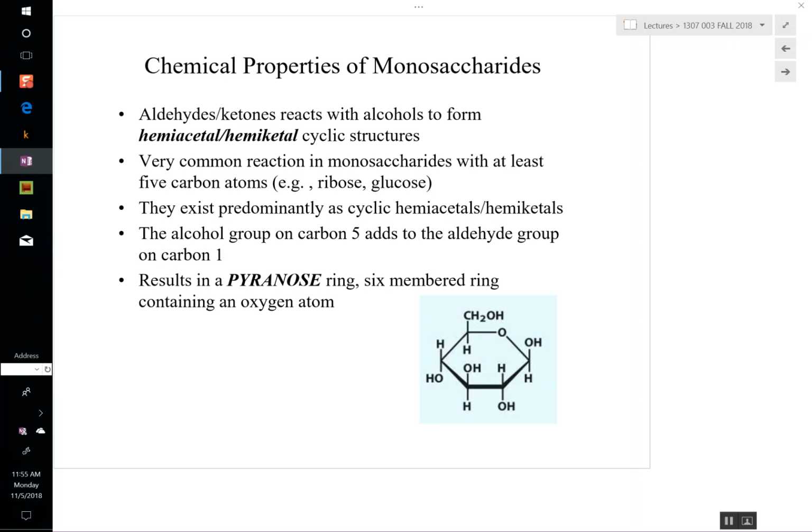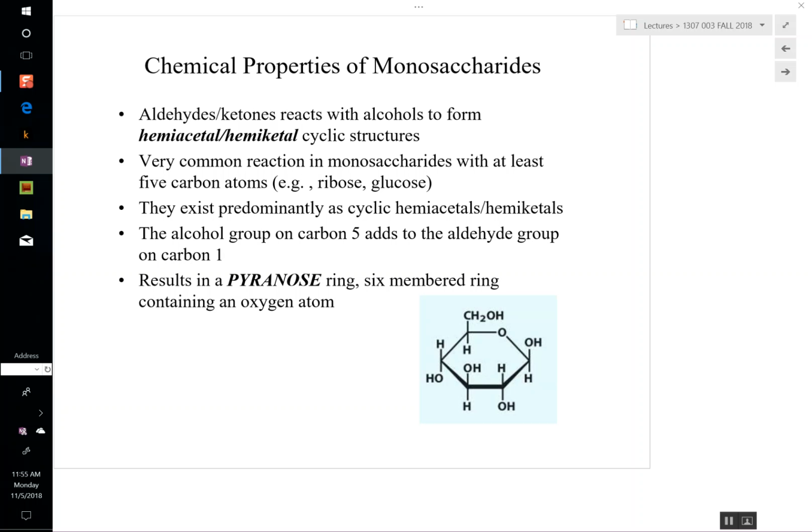Here, this would be D-glucose again, and I'm going to show you how to draw these in just a second. I want you to have a little blank sheet of paper. But there it is, cyclized. This is carbon 1, 2, 3, 4, 5, 6. This is carbon number 6.